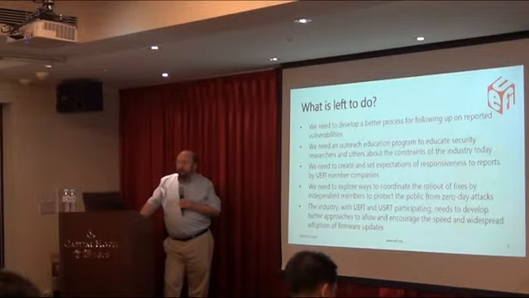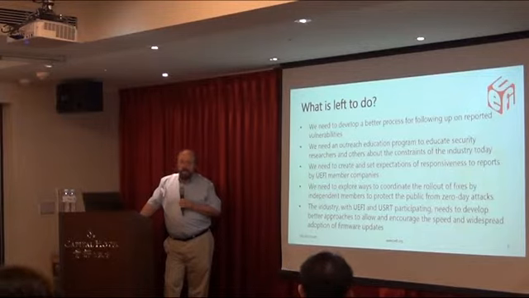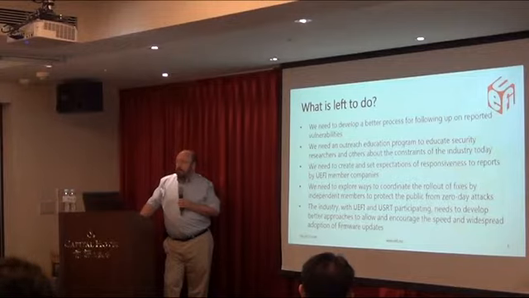A big problem area that we're struggling with mightily, and we would be happy to hear your input on, please send email to your favorite USRT member or me as chair of that, and we would love to hear your input. But the issue is, how do we coordinate the rollout of fixes?